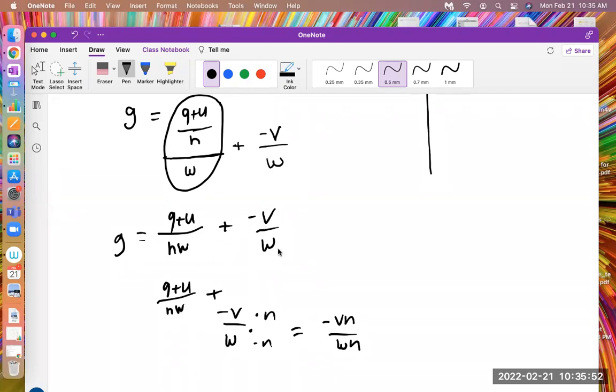Okay, so now I rewrote negative v over w. That's actually equal to negative vn over wn, or nw. So it's the commutative property.